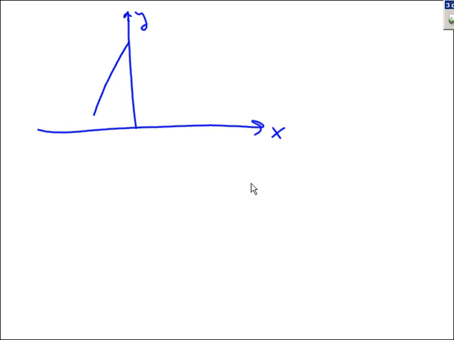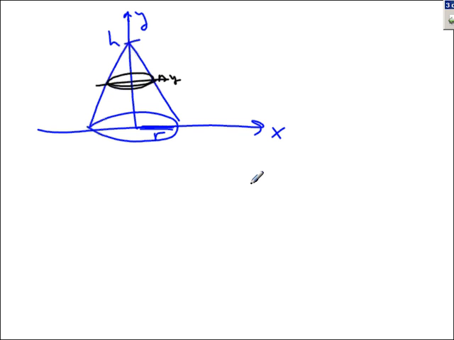For example, if this here is the x and the y-axis, and we have a cone that looks like this, it goes up to h, and the base radius is r, we can get our proportion. If we take a slice, the volume is going to be the area times the thickness. The thickness is a delta y. The volume is the area.